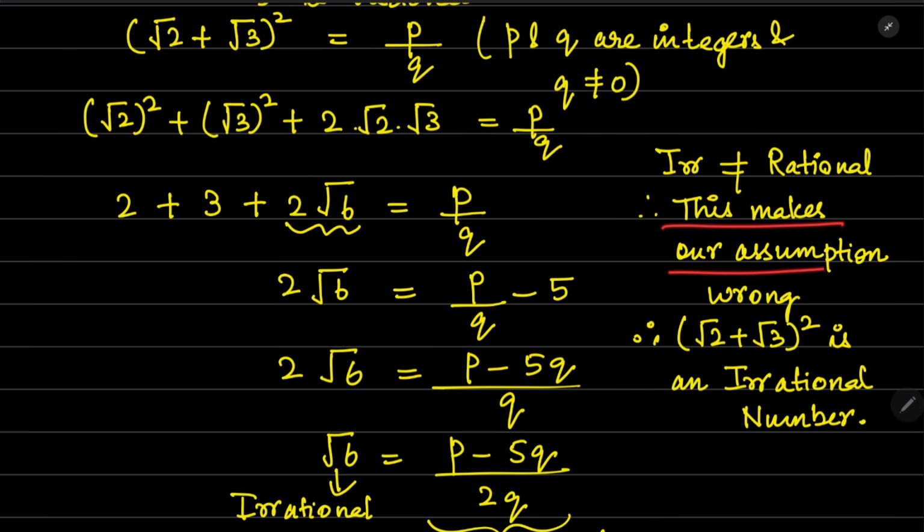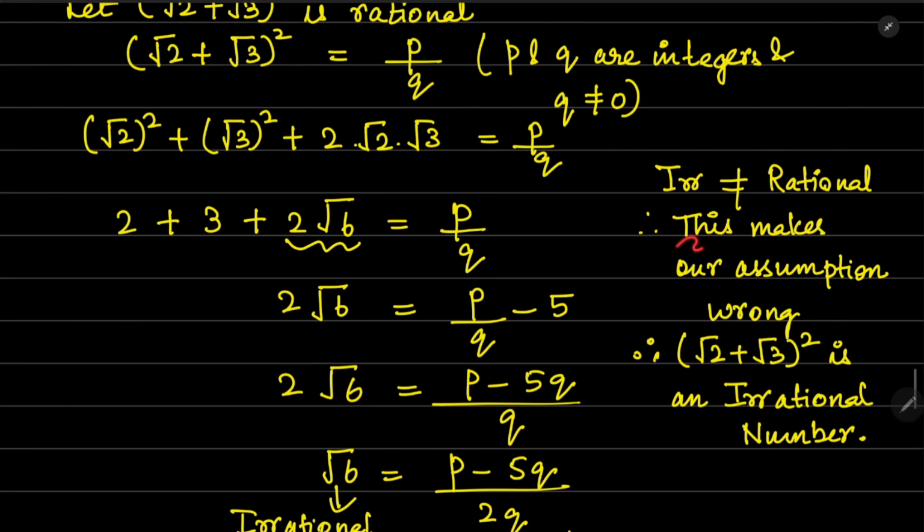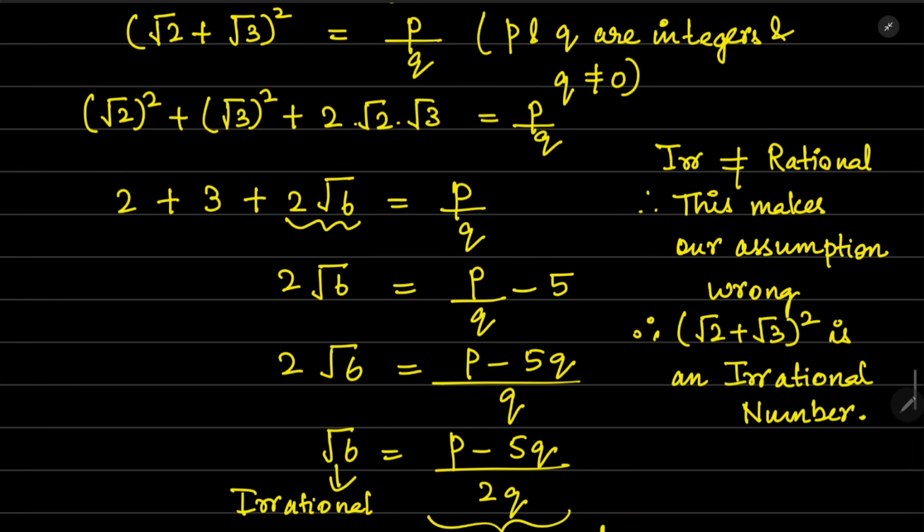You have to write this statement, which carries a huge value: initially assume a contradictory statement and then later conclude that this makes our assumption wrong. Therefore, the given number is an irrational number. So it is very, very important that you get into the practice of writing these statements which carry marks.